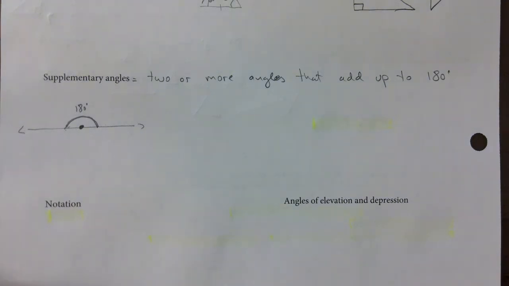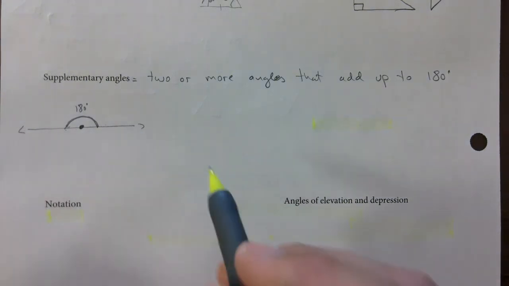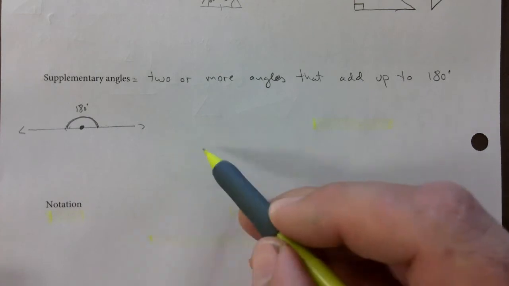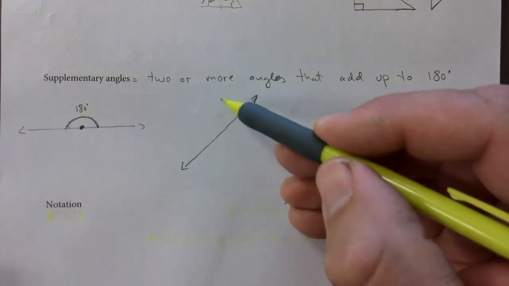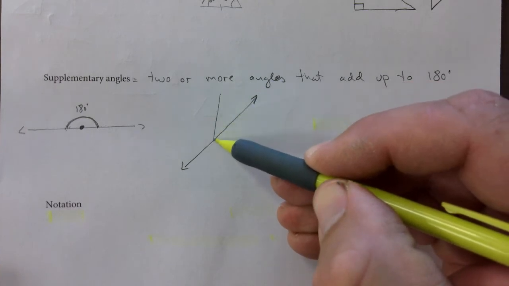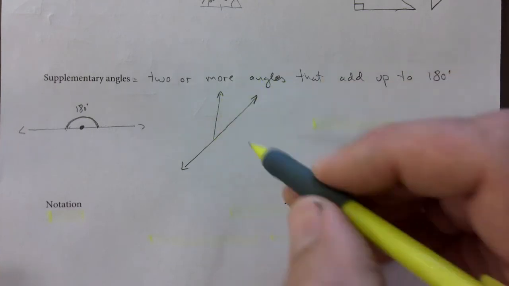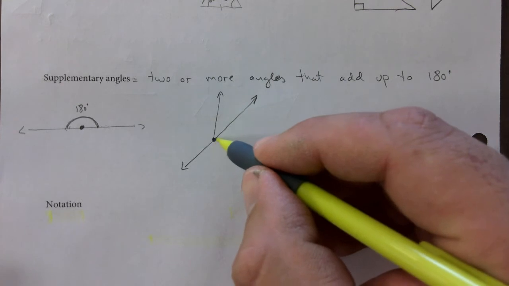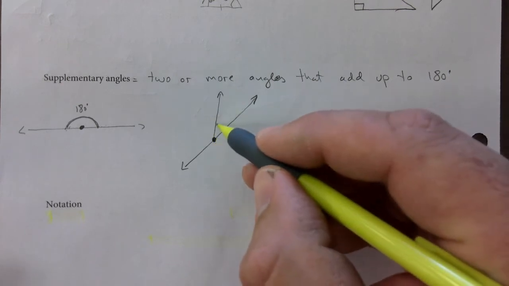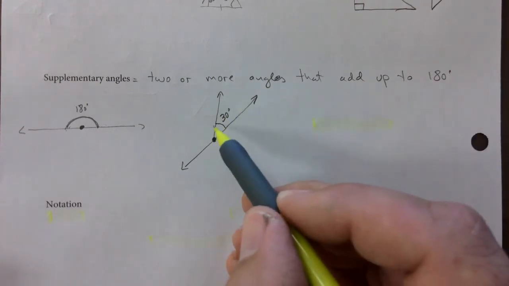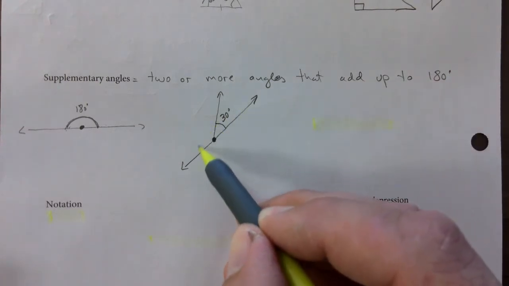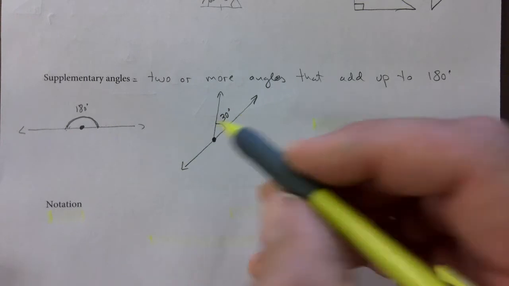Okay. Don't underestimate the power of a straight line, because sometimes you'll have something like this and you'll have a side cutting it like that and the point of intersection is right there. If this is 30, then you know that this is 150, right?